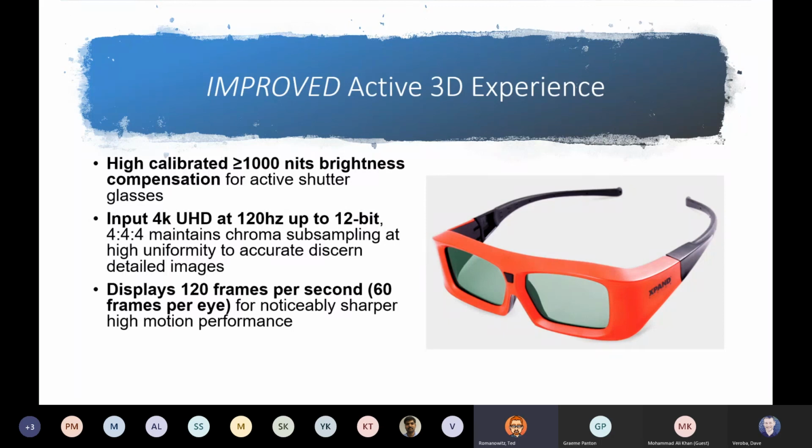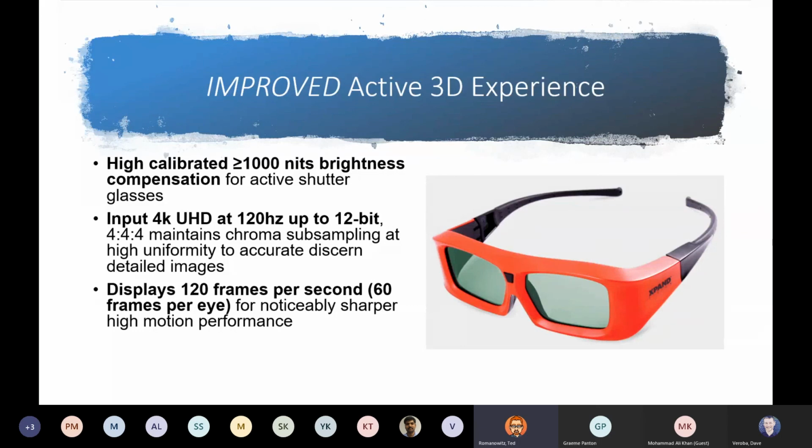And also the P3 color is at very high uniformity. So it really makes those images pop. That high brightness and great uniformity compensates for the light lost with the active shutter glasses.